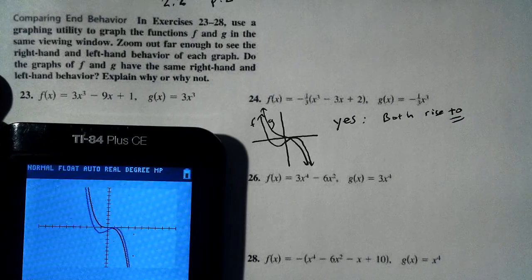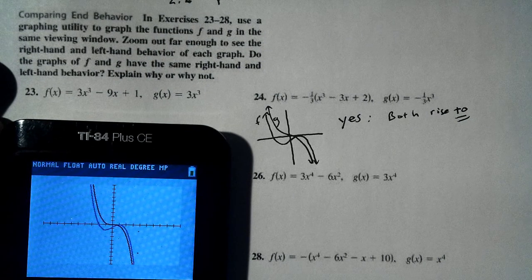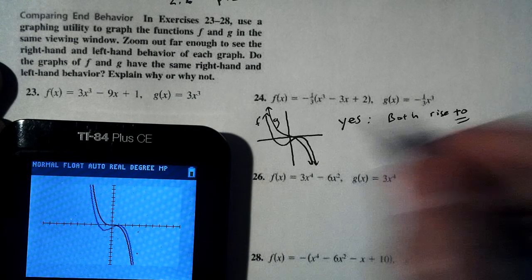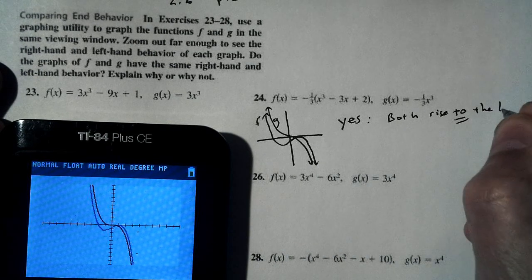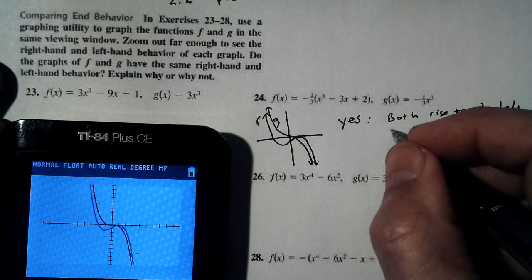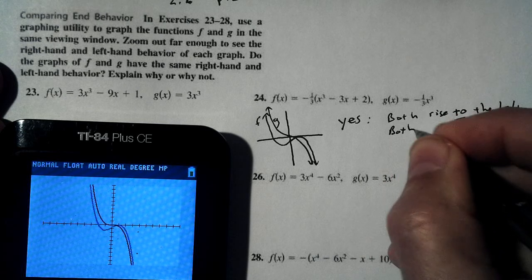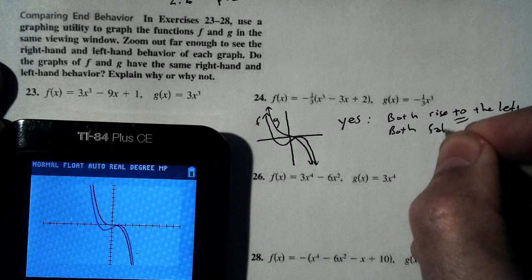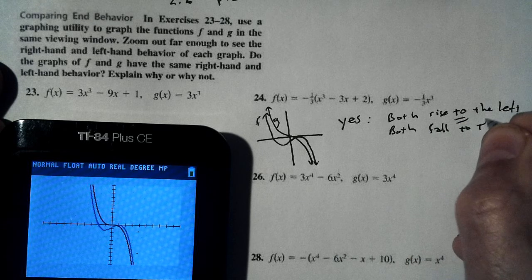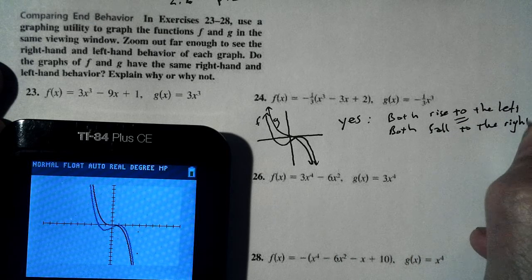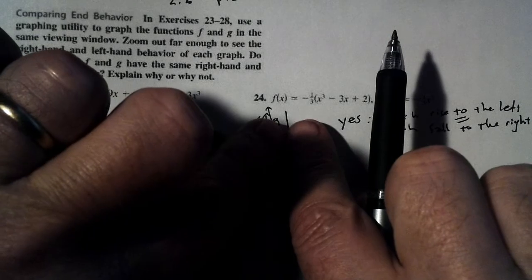Little preposition there, but important one here. Don't want to have you say from. Don't want to say it's rising from the left. It rises to the left, and both fall to the right. It's just kind of like opening up barn doors here.